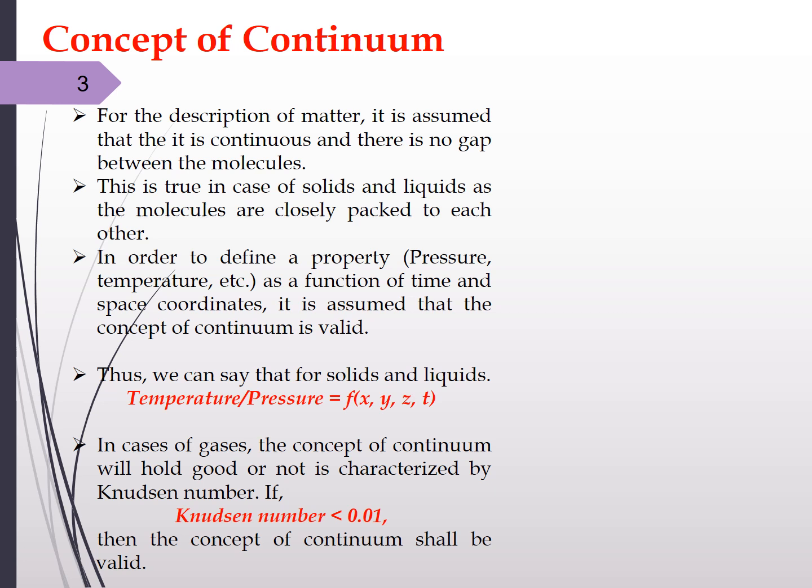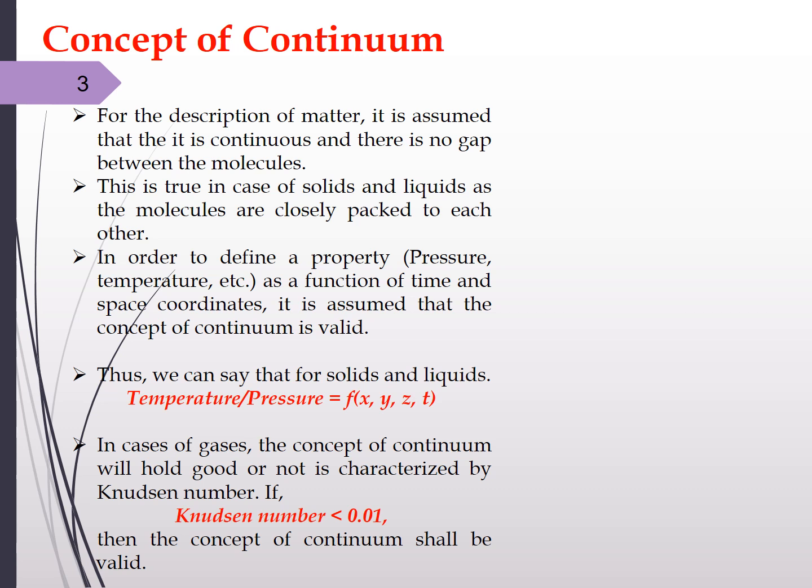But in case of gases, as we all know, the molecules are not closely packed to each other. So in case of gases, whether the concept of continuum will hold good or not is characterized by a constant number, because we don't know whether the concept of continuum will be valid in case of gases or not.